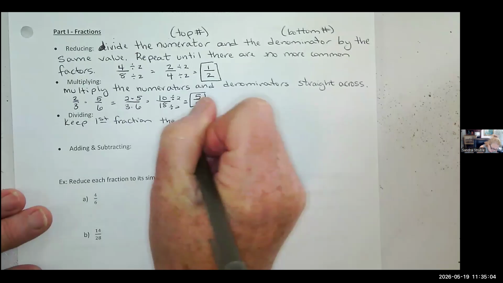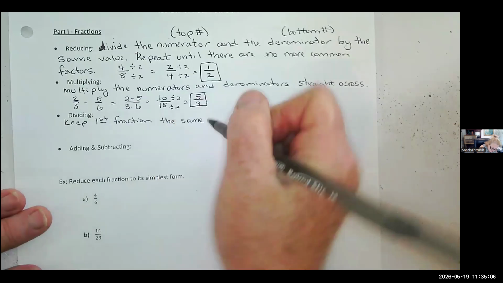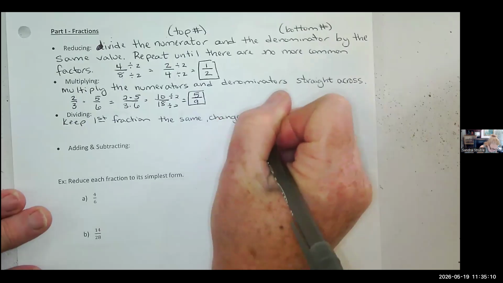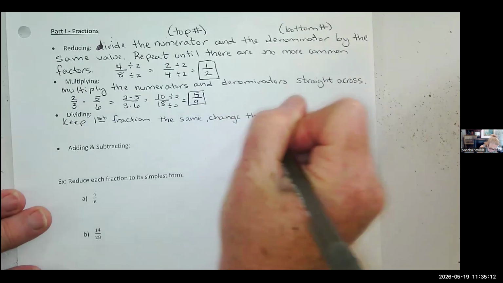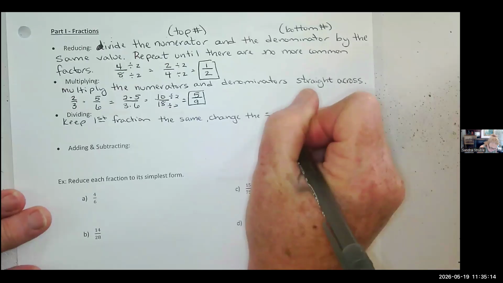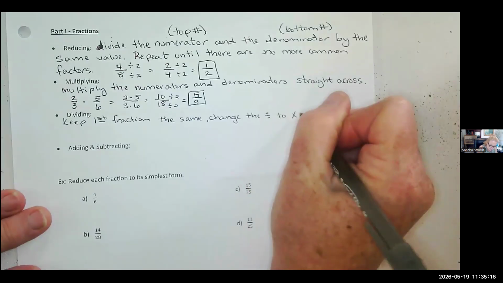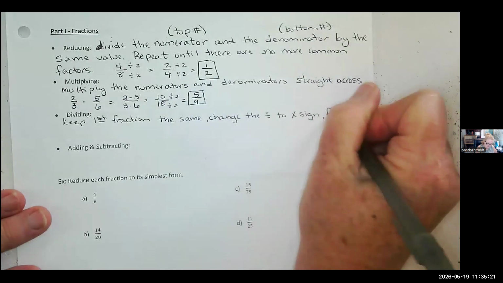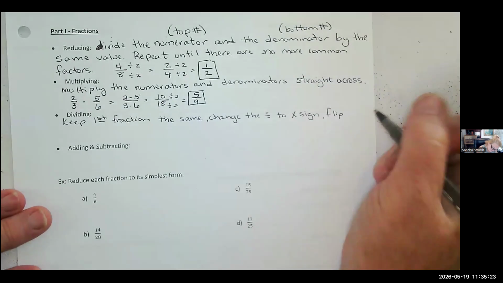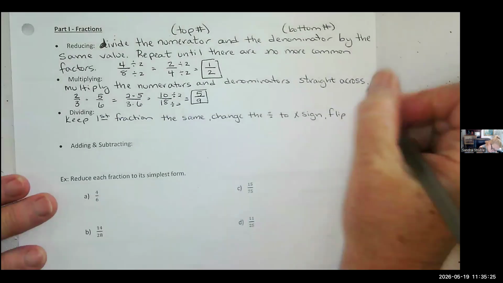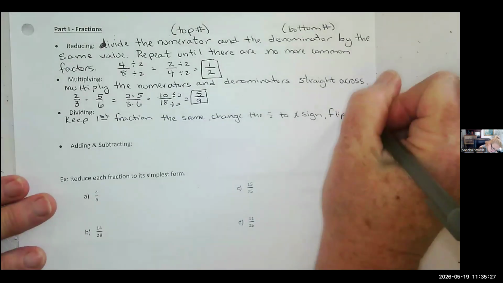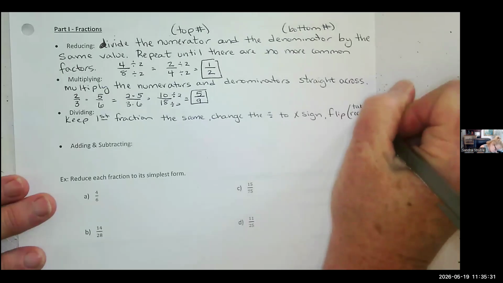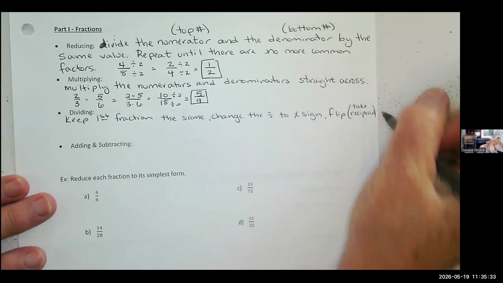You're going to change the division sign to multiplication sign. And then you're going to flip or take the reciprocal of the second. Reciprocal means you flip. And I'll give you an example.